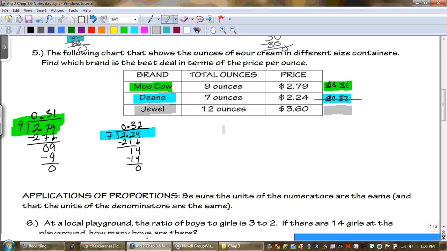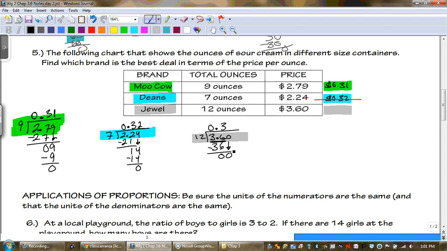So the last one we need to do is the Jewel brand. Let's find out. We've got 360 divided by 12. Okay, I'm going to bring that decimal up. Does 12 go into 3? It does not. But does 12 go into 36? Yeah, it goes into 36 3 times. 3 times 12 is 36.